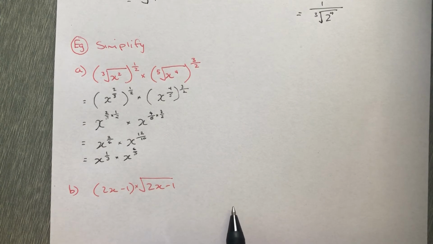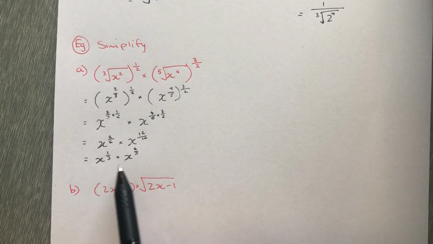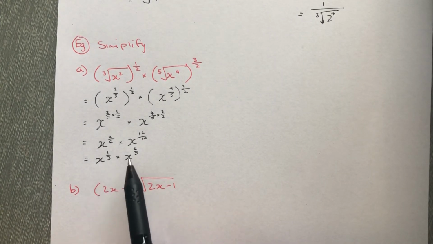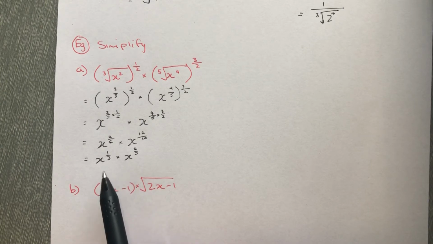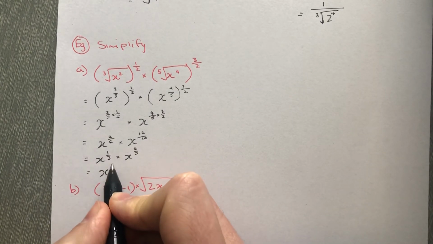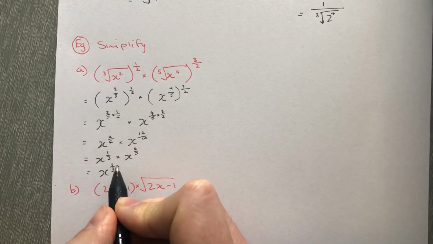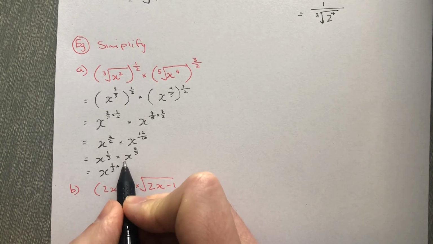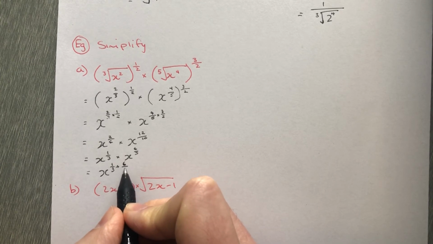Okay, so we can now see that those bases are the same. Now that the bases are the same, we can put these together. So we've got x to the power of 1/3 plus, remember our rules, 6 on 5.